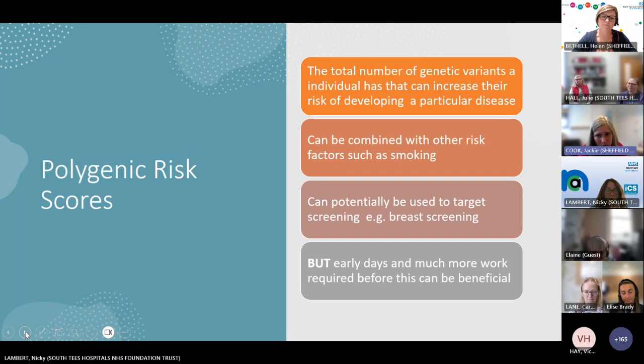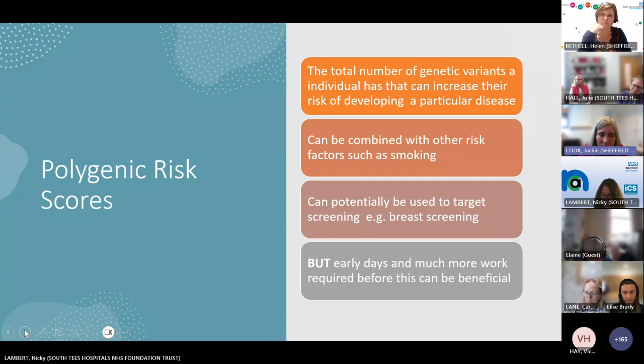But you can use the information that you have on genetic variants within a family, combine that with environmental factors such as whether somebody smokes or not, and you can use that to generate a kind of relative risk of how likely or not likely you are to develop particular types of cancers. Now, a way in which that might be used in the future is you might use that to target screening.